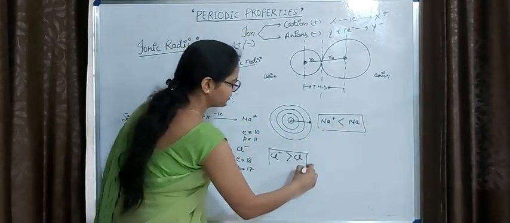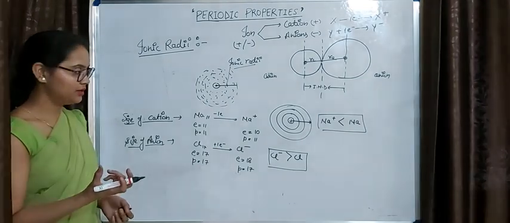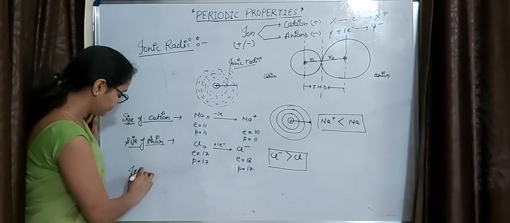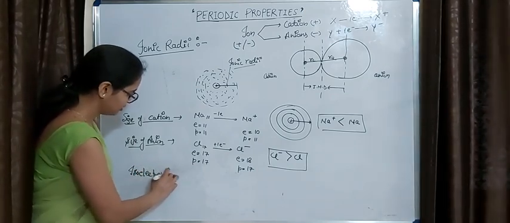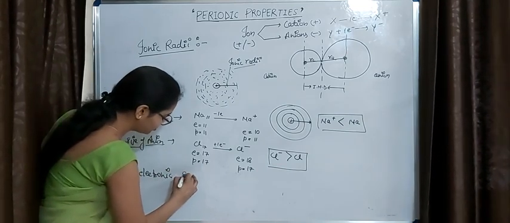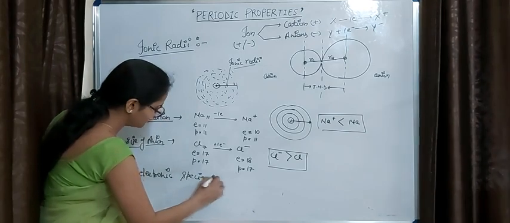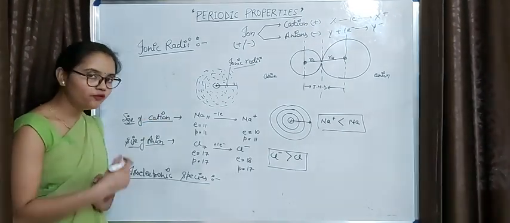Remember these. Now we'll talk about a new type, which is isoelectronic species. So first of all, recall isoelectronic species. Isoelectronic species are the species which contain the same number of electrons.